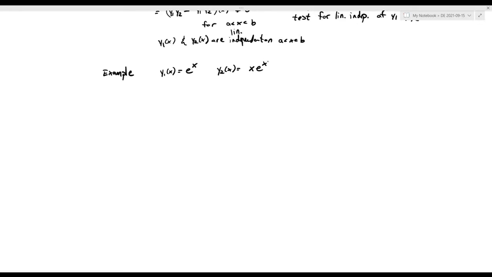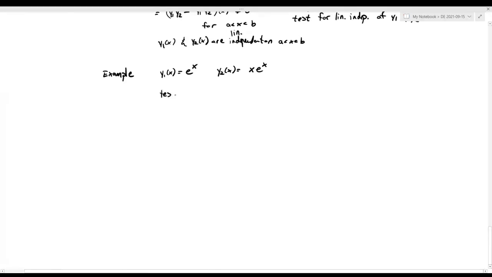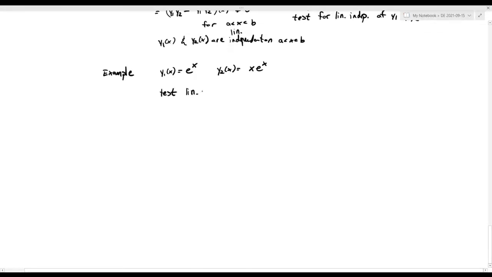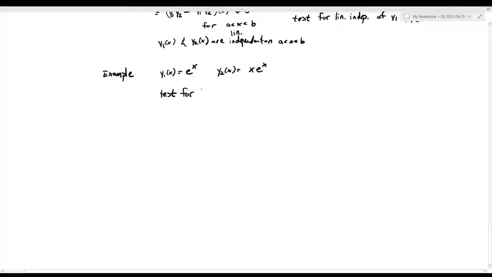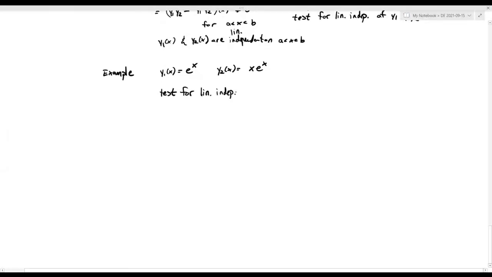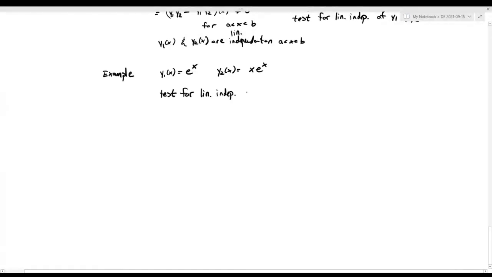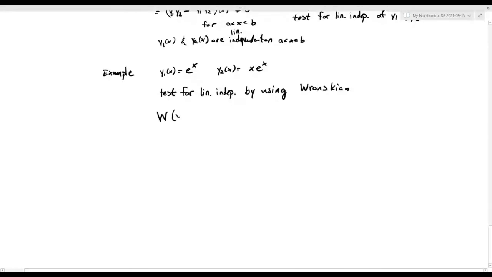So you would test by using the Wronskian. We're going to test for linear independence by using the Wronskian. So we compute the Wronskian of two functions.